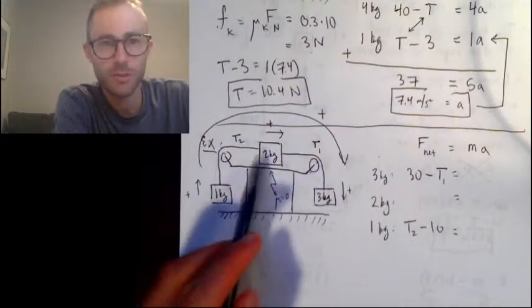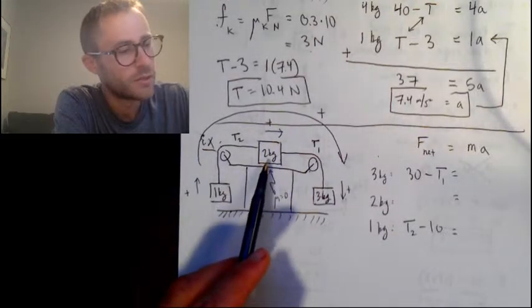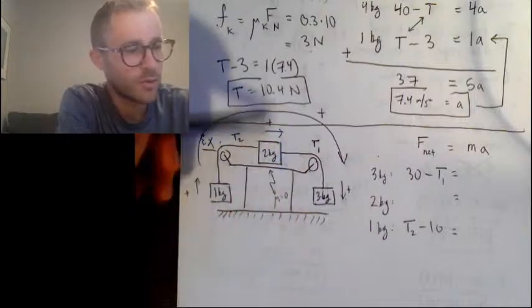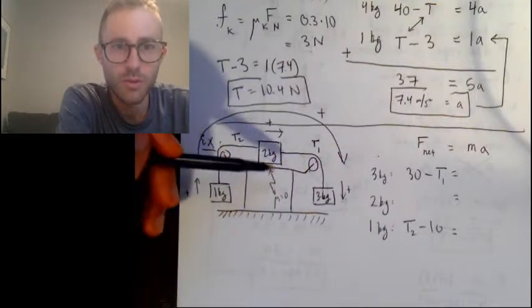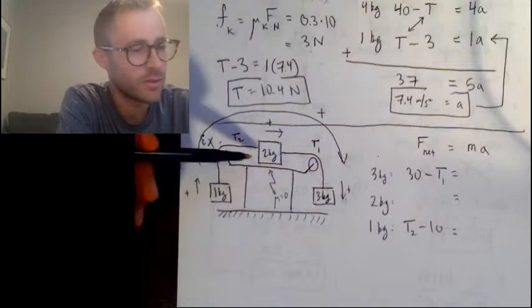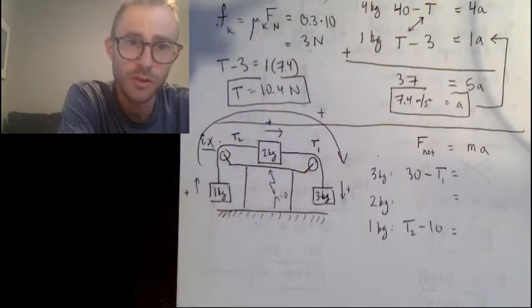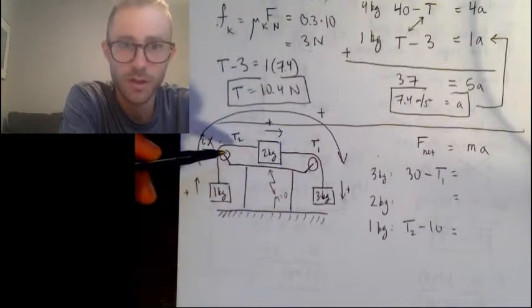Now the trickiest one is probably the middle mass, the one that's on the table. So we can see that this gravity and normal force are acting up and down. So they don't really play a role in this problem because the 2 kilogram mass is moving side to side. There are 2 side-to-side forces: T1 and T2. There's no friction.